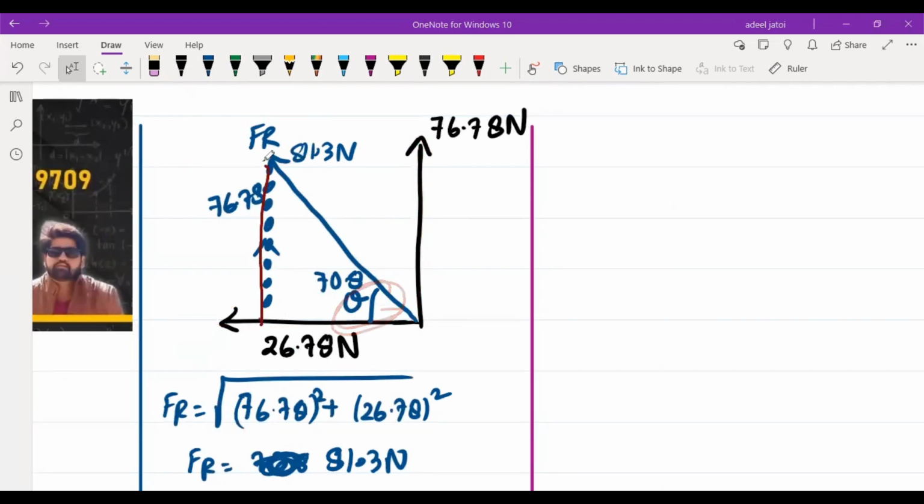To calculate FR using the vertical and the horizontal, we took the square root of 76.78 whole square plus 26.78 whole square. And then obviously tan inverse of 76.78 upon 26.78 was used. So we got about 70.8 as the answer.